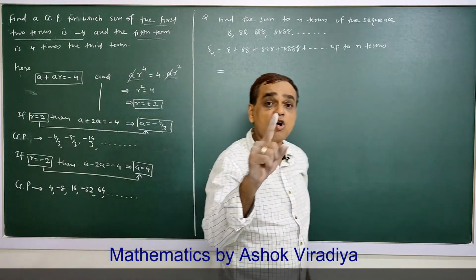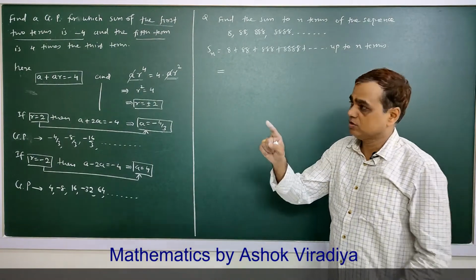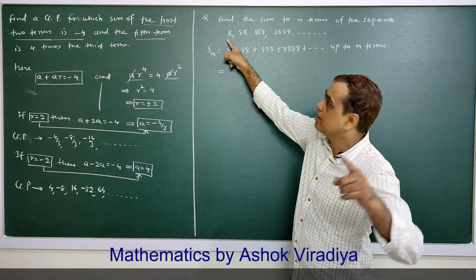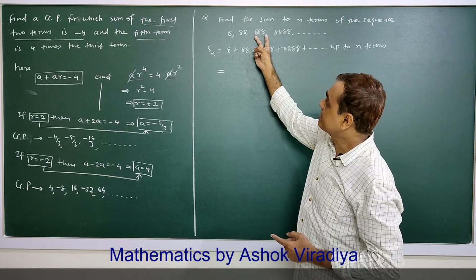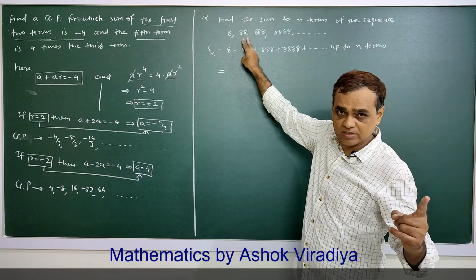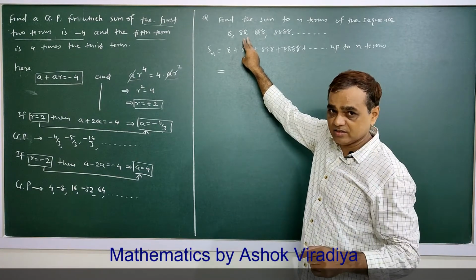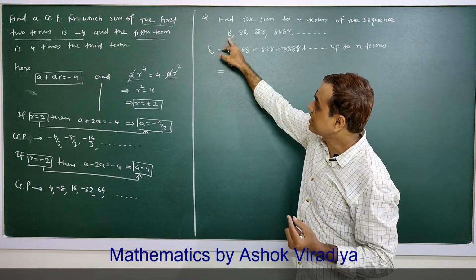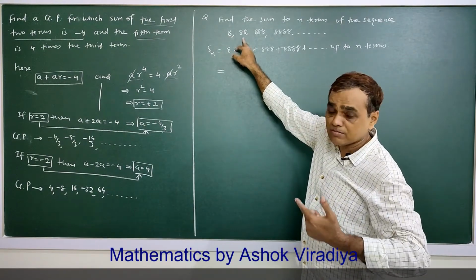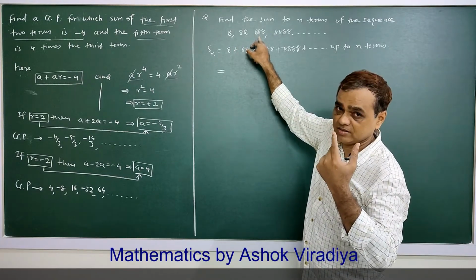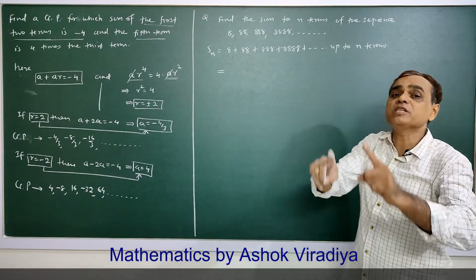The ratio is not common, not constant. 88 by 8 is 11, but 888 by 88 is not 11. You can check it. So here multiplying 8 by 11 we get the next term, but multiplying 88 by 11 we are not getting this number. So this is not a GP, remember.